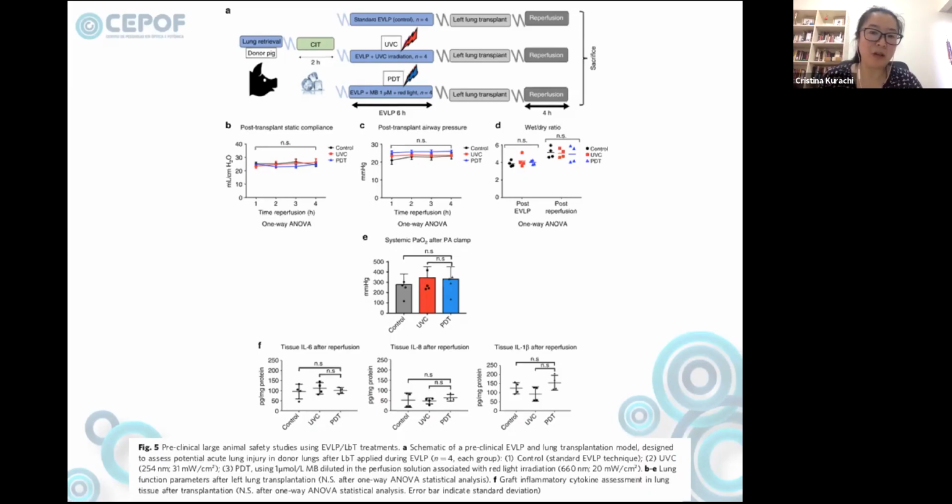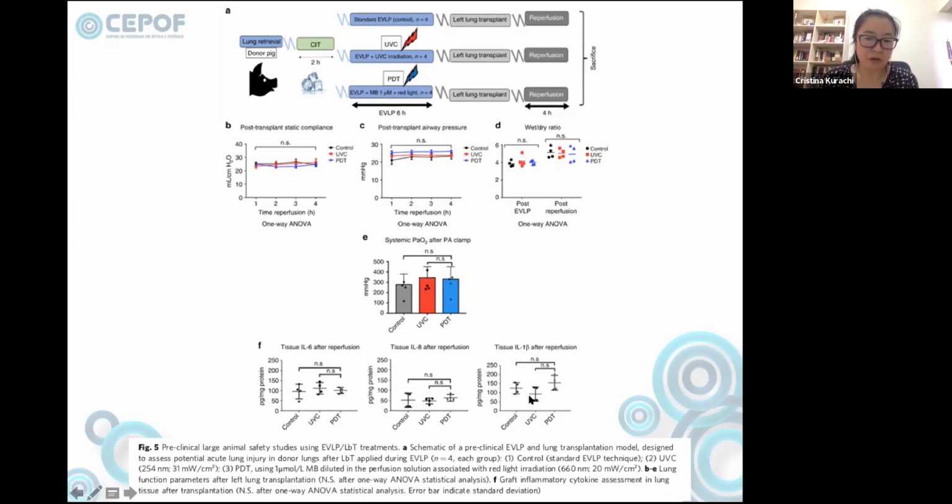They compared different functions of the lungs, and as you can see in the graphs, they didn't have any difference compared with a control lung that had just undergone the EVLP procedure.